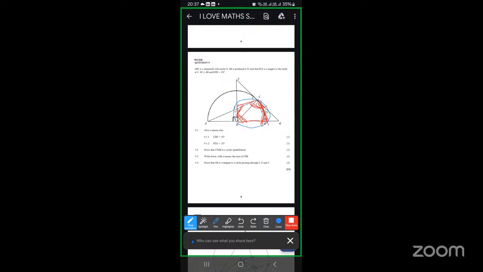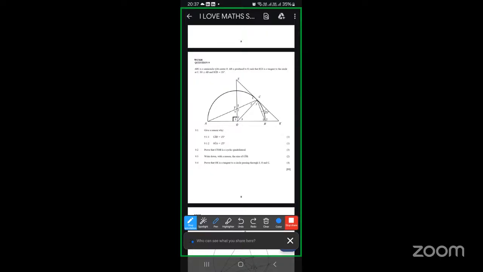If you can show that this angle is equal to this angle, then that will be the converse of the reason saying the exterior angle of a cyclic quad is equal to the interior opposite angle. That will be it, guys. So let's get into the question. How do you guys think we can approach this question using the properties of a cyclic quad?